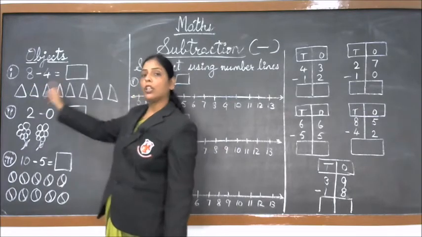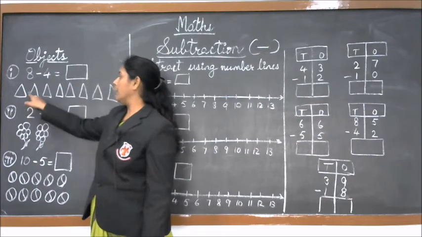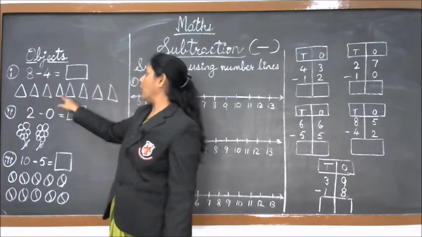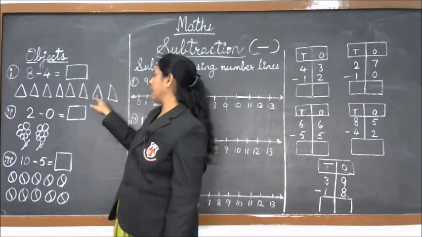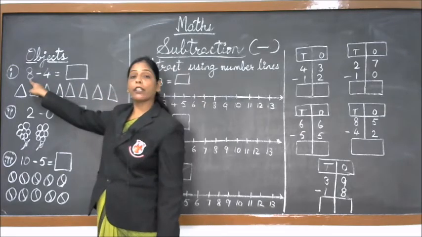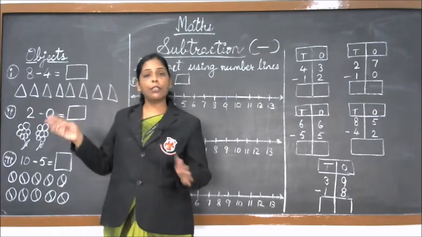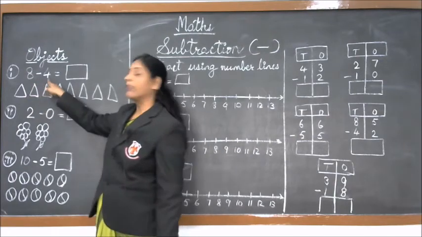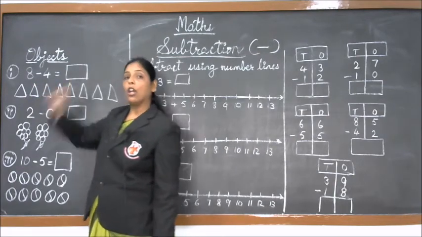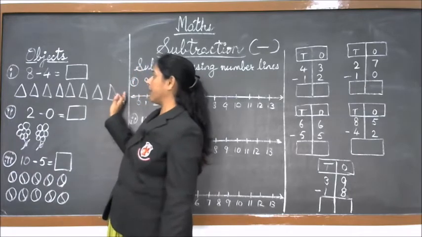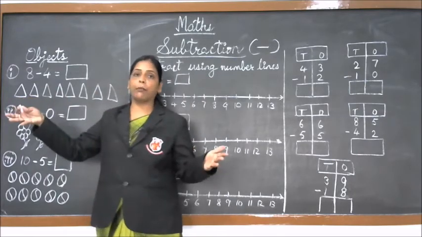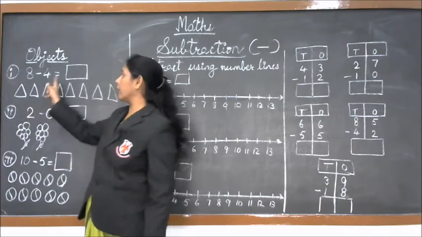Now count the objects first. 1, 2, 3, 4, 5, 6, 7, 8. Yes, what is the sum here? 8. How much do we have to minus? How much do we have to make less from 8? Which is 4. Now, how will we deduct, beta? From behind or this side? The choice will be yours. But we have to deduct only 4.